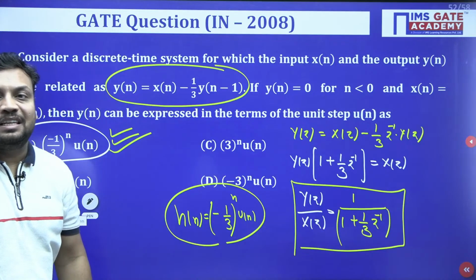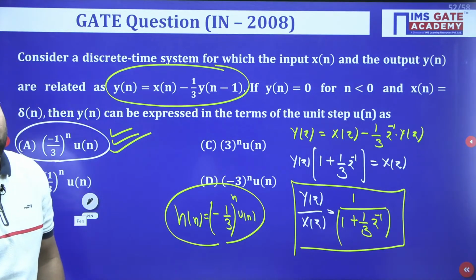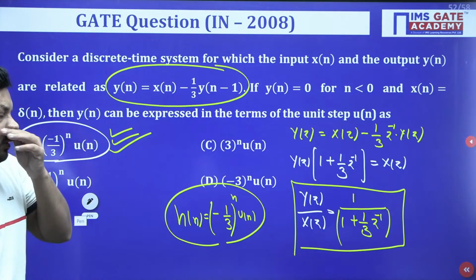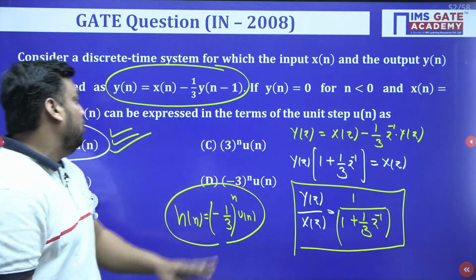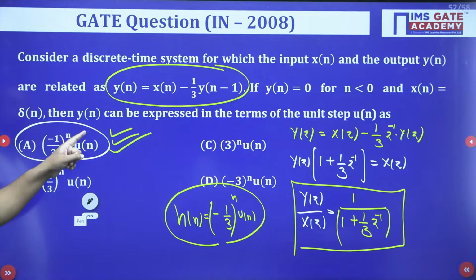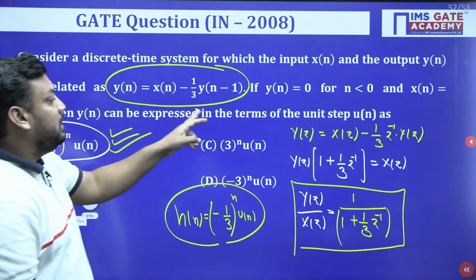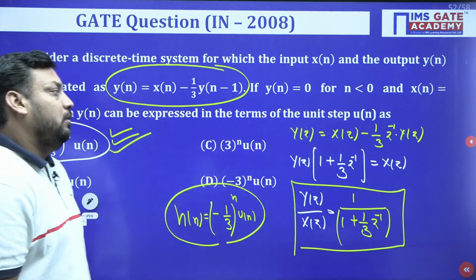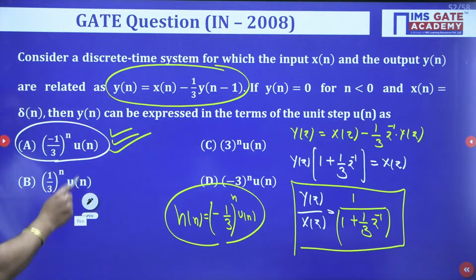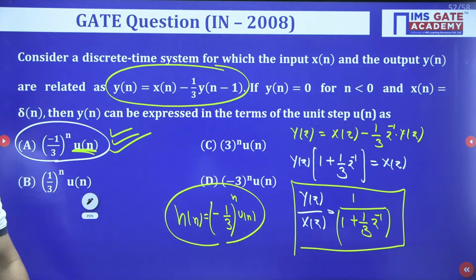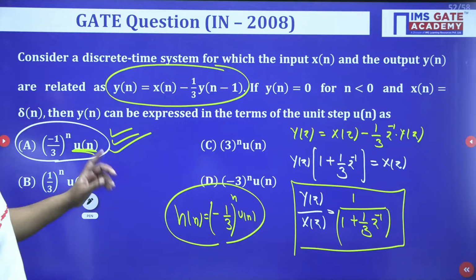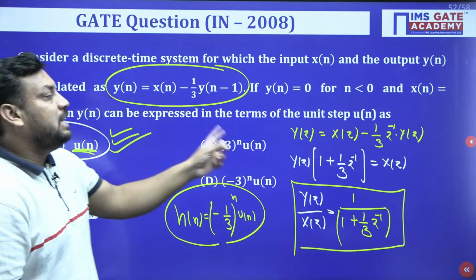It is not asking for the step. You have not read the question carefully. It is not asking for y[n] for a step signal. Then y[n] can be expressed in terms of u[n]. It is not asking to find the output for the step input.